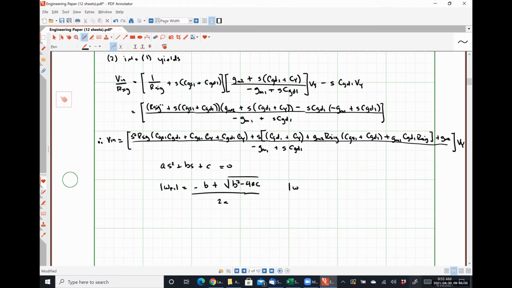And omega P2 is going to be equal to negative B minus the square root of B squared minus 4AC all over 2A. And I'm just going to go ahead and put an absolute value sign around this guy as well, since these frequencies may wind up being negative.